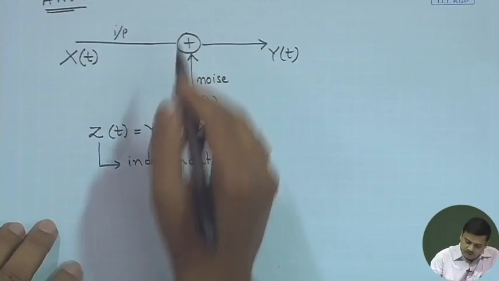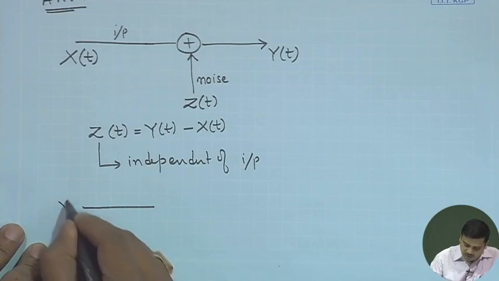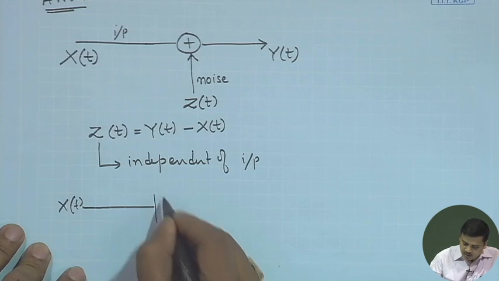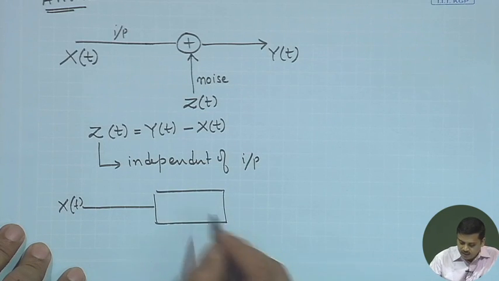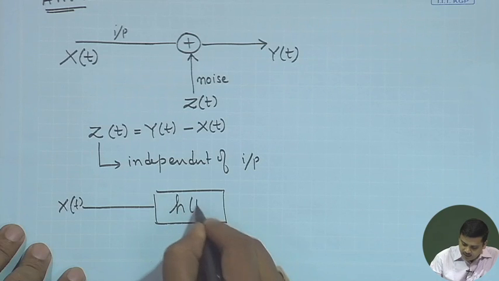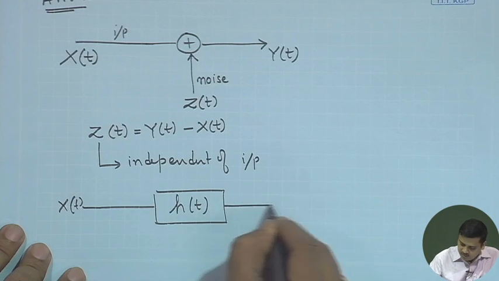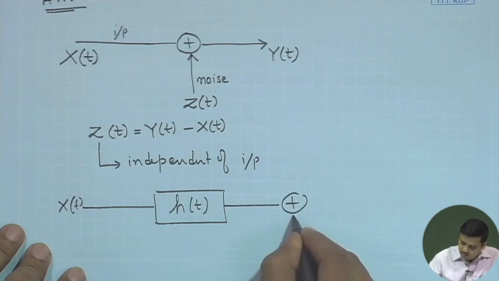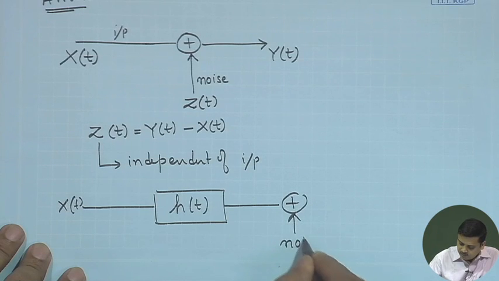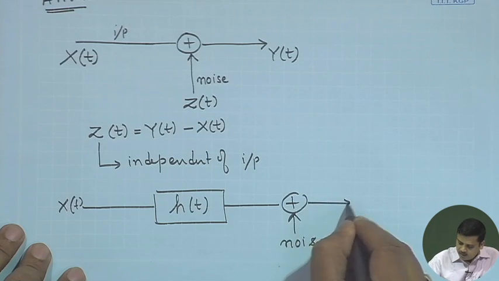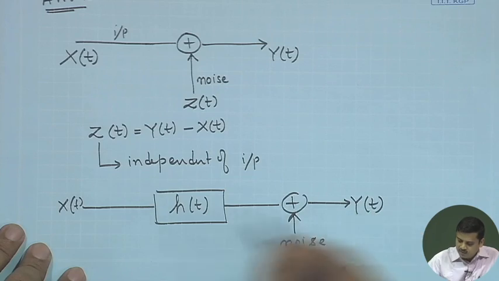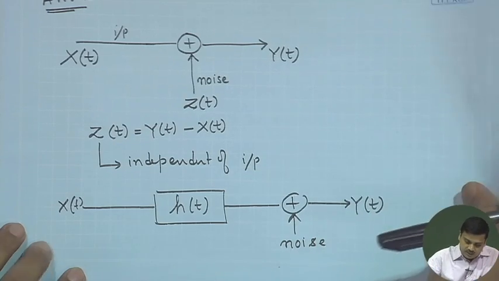Going beyond such systems, there are other systems where instead of simple additive noise, you could have x of t, then there is a box which is an LTI, and you could say let there be h of t which represents the channel impulse response, followed by noise, and then this is the received signal.